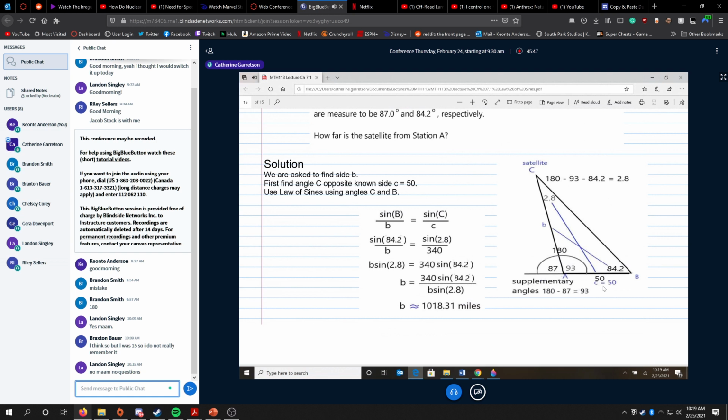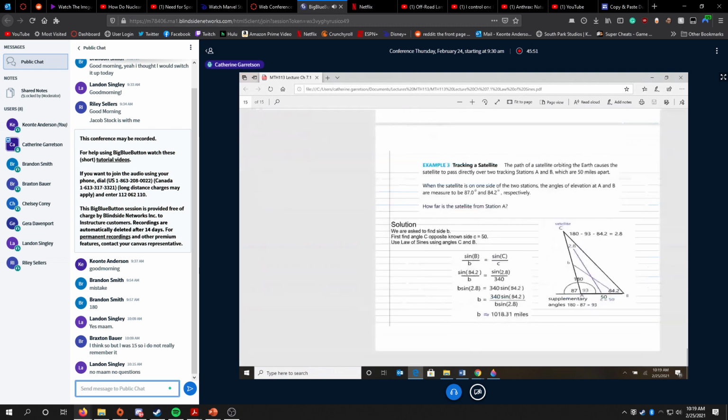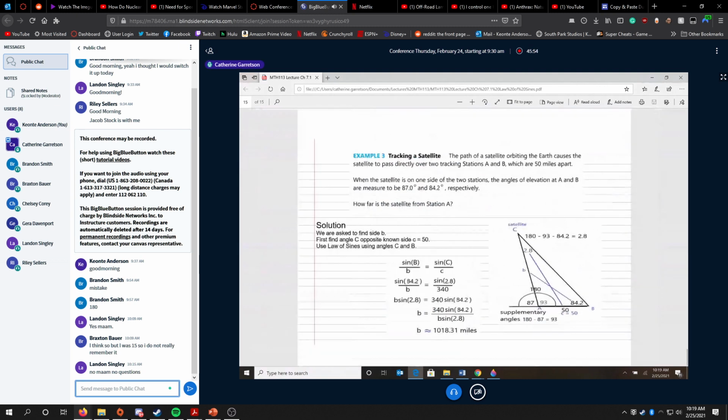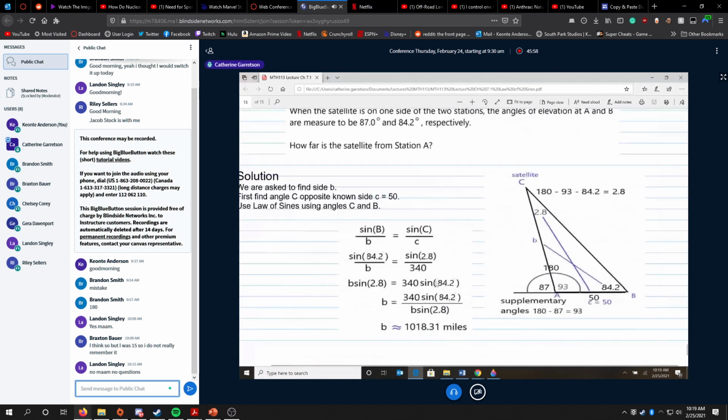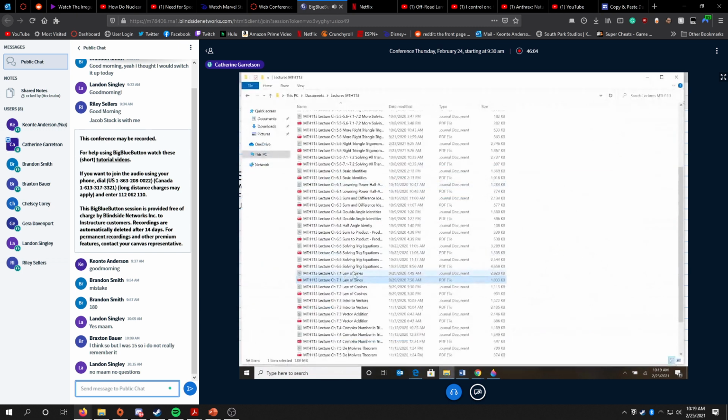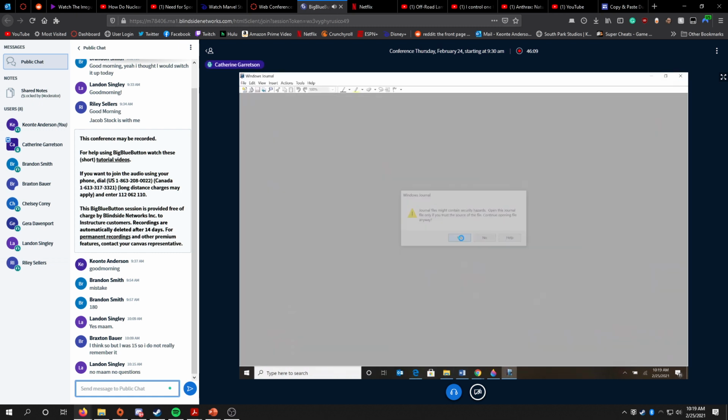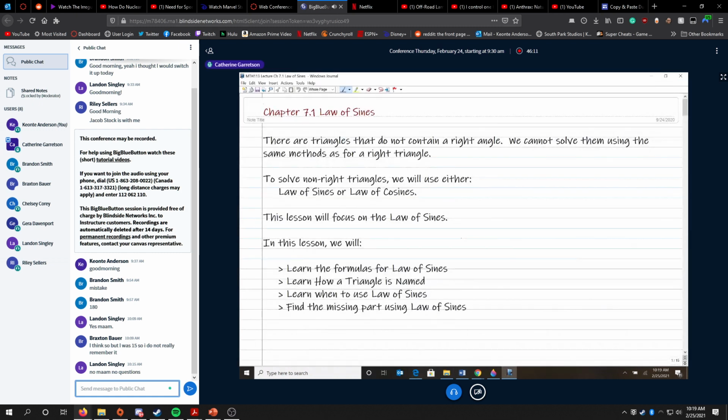That's not right. It's supposed to be 50. Huh. Let's get that fixed. They're 50 miles apart. Okay, so we're going to take this and fix this. So let's go grab this and fix it. Okay, so coming down.